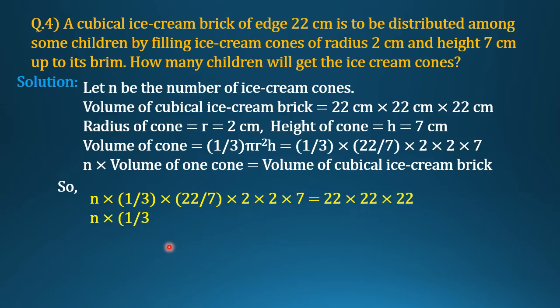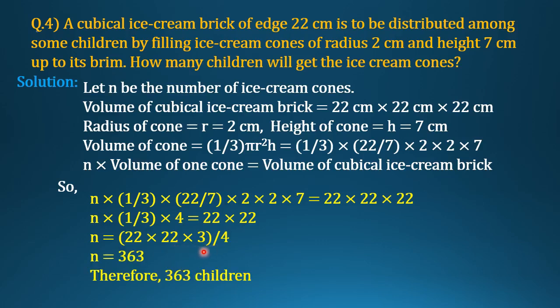Simplifying further, we get n into 1 by 3 into 4 is equal to 22 into 22. N is equal to 22 into 22 into 3 divided by 4. So n is equal to 363. Therefore, 363 children will get the ice cream cones.